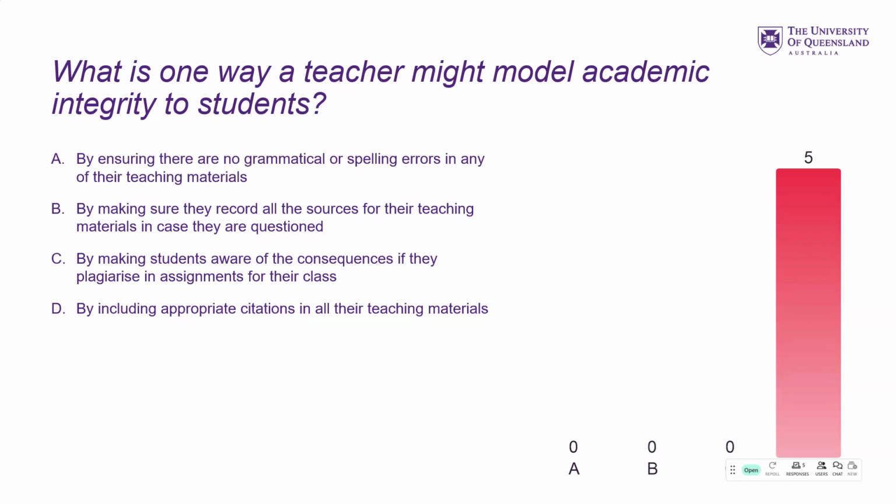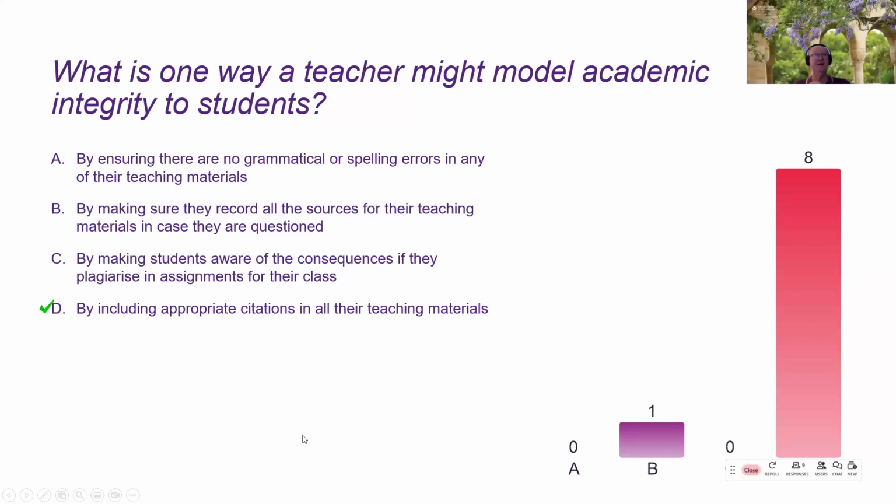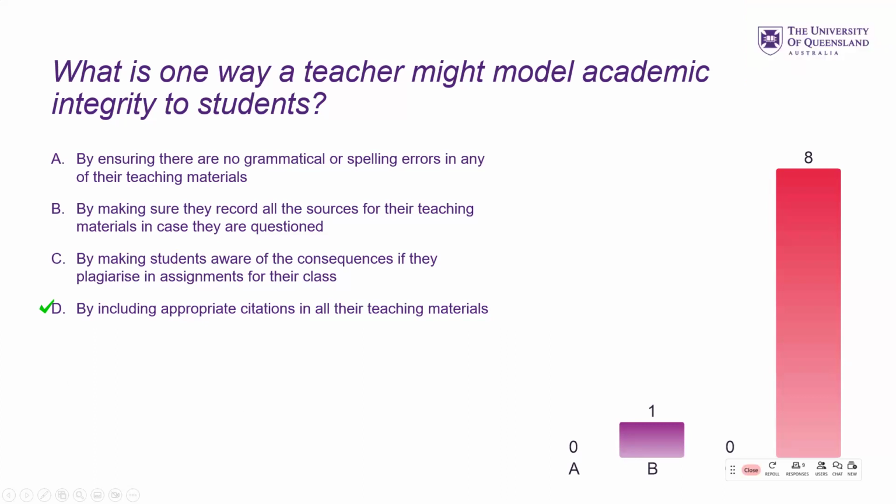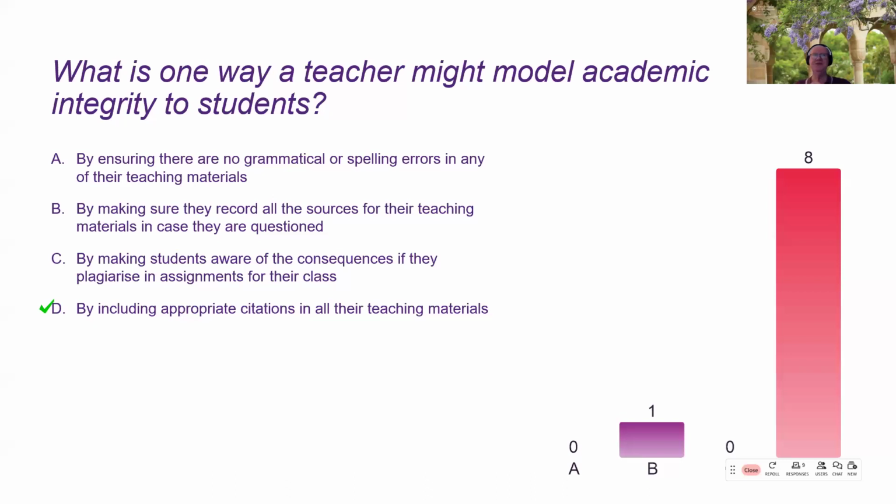So far, most of the participants selected option D, by including appropriate citations in all of their teaching materials. But the person who selected B is also correct, because the question is what's one way, making sure they record all the sources for their teaching materials.